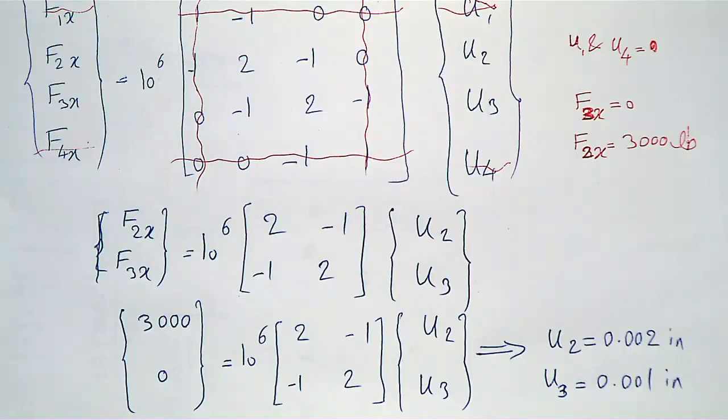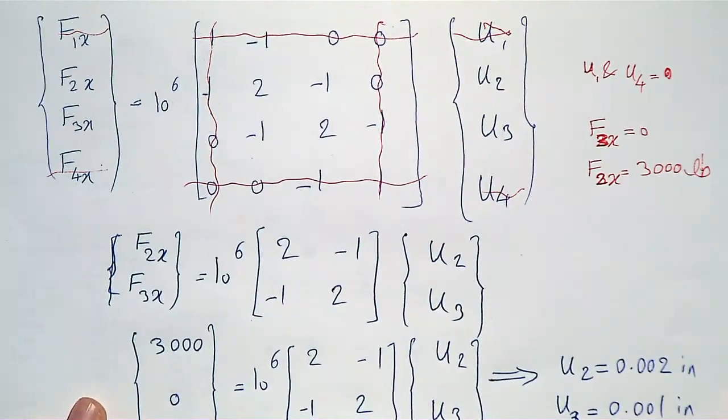So now that we know all the nodal displacements, we can simply go back to the general FEA formula that we crossed out, like the rows number 1 and 4 and columns 1 and 4, and then just expand it and find out what's the equation for obtaining F1x and F4x.